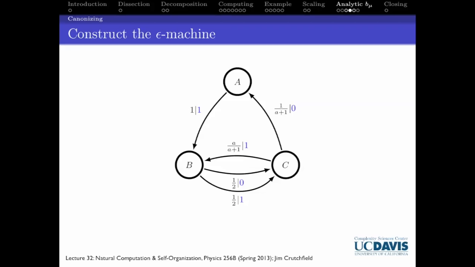And this is 1 over A plus 1. Or I guess it would have to be A over A plus 1 and 1 over A plus 1. Yeah. Looks like the A's were just dropped out of this. So A over A plus 1 and 1 over A plus 1. Should have just stuck with the PDF.